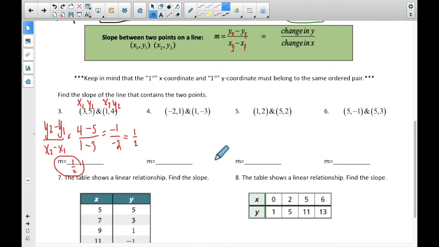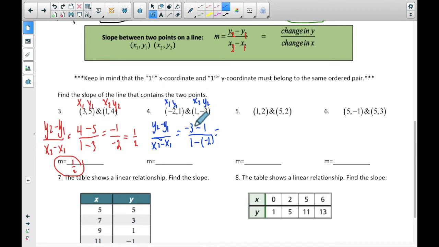Now sometimes you have to be really careful with your positive and negative signs. So once again, I'm going to label x1, y1, x2, and y2. And so when I do my subtraction, I'm going to take y sub 2 minus y sub 1 over x sub 2 minus x sub 1. So y sub 2 is -3 minus y sub 1 is 1, over x sub 2 is 1 minus -2.